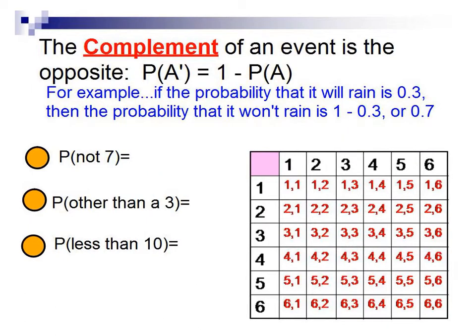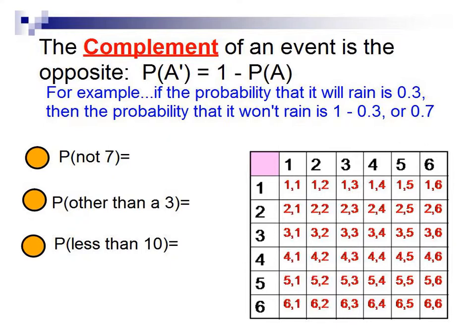When we're looking at the complement of an event, throughout this whole video, you're going to see some terms that I've got in red. These are common probability terms. Complement is one of them. The complement of an event is the opposite of it, and so it's notated with this little prime on the A. So the probability of A not happening is really just equal to 1 minus the probability that it does happen.